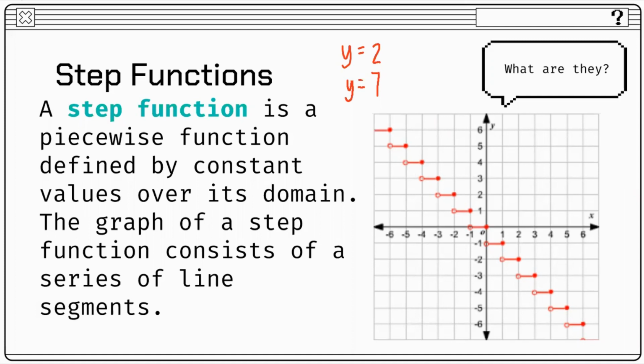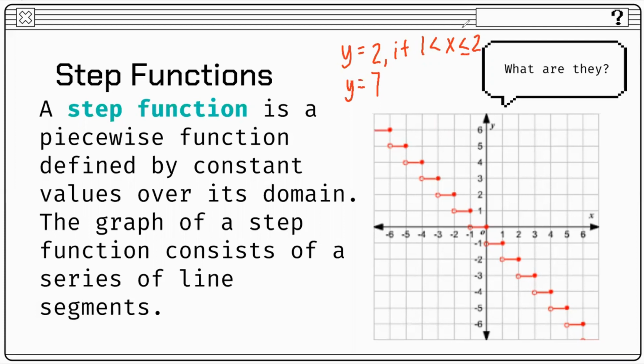In this case, we're going to use the compound inequality connected with the word and, those are two inequalities that are connected into one. So it would look something like this: y equals 2 if 1 is less than x is less than or equal to 2.